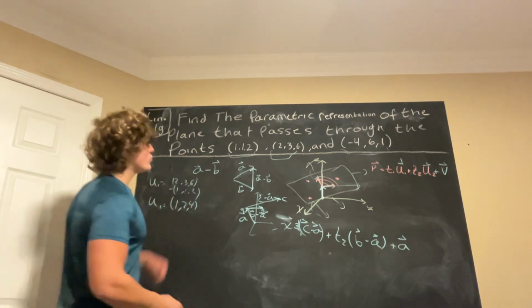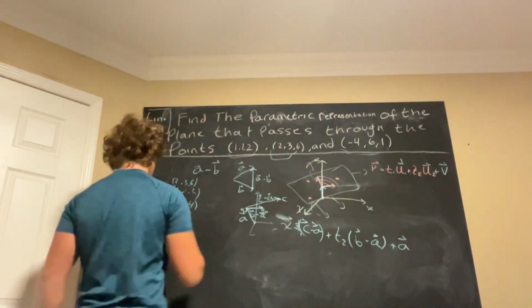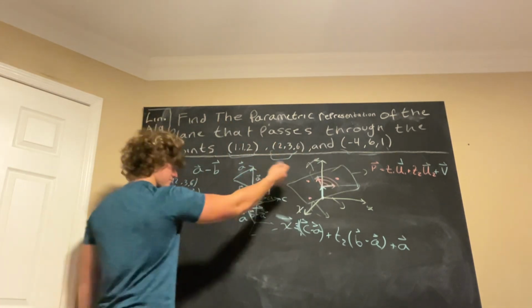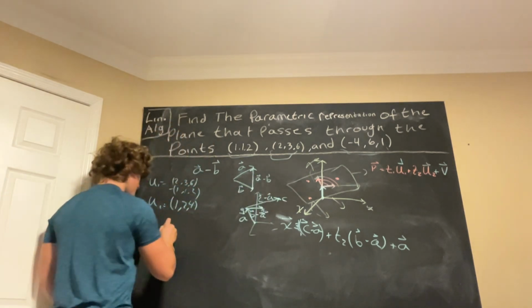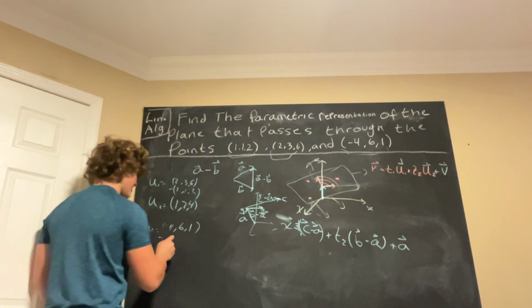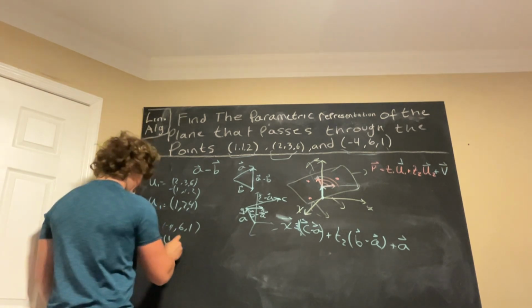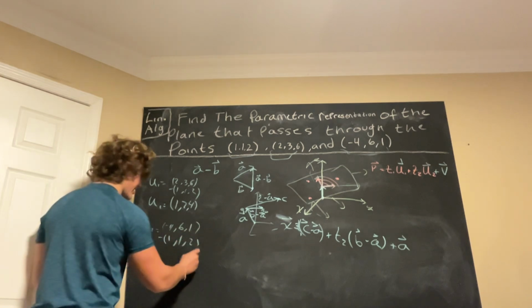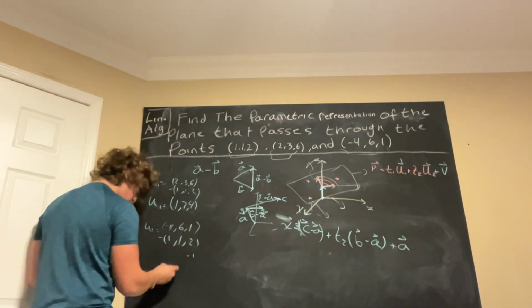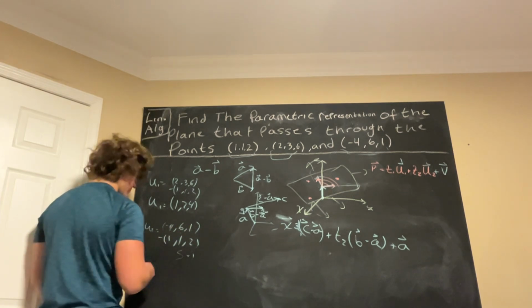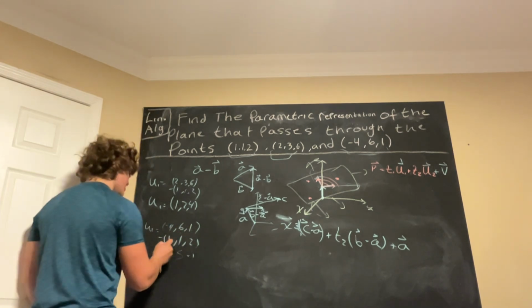Now u2 would be c minus a. So u2 is equal to negative 4, 6, 1, minus 1, 1, 2. So this minus this is negative 5. 6 minus 1 gives 5. Then 1 minus 2 is negative 1.